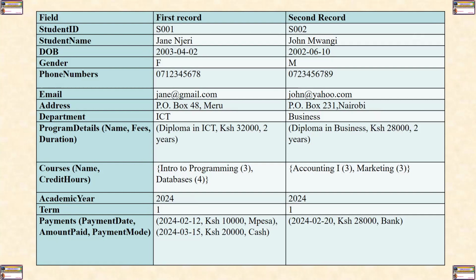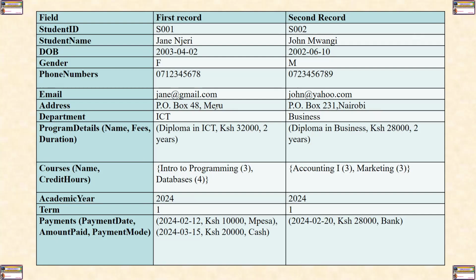We can see that in this table, we have a field called student ID. Now, in the database creation or table creation, these are not going to be the real fields. It is for the purpose of helping you see what we are calling a normalized table.